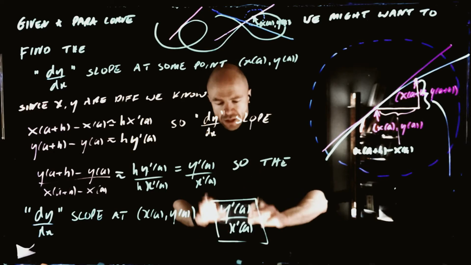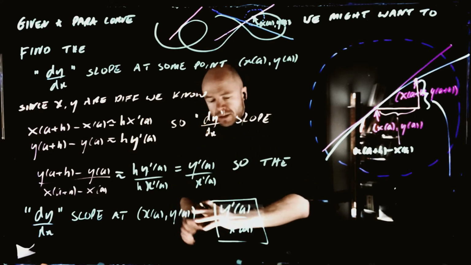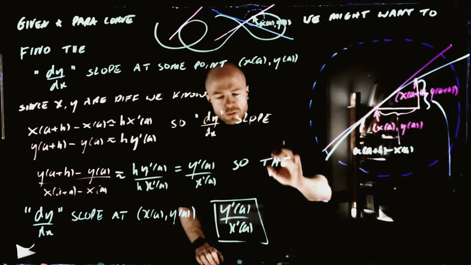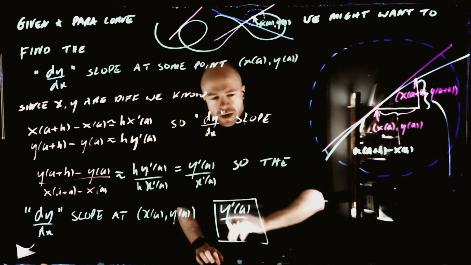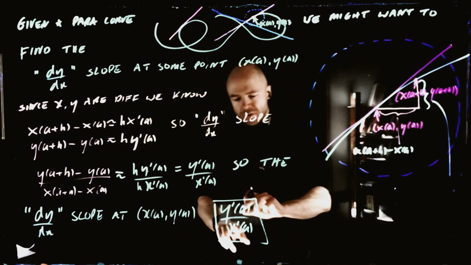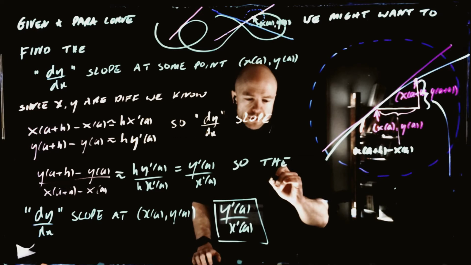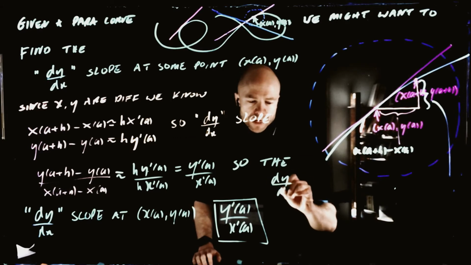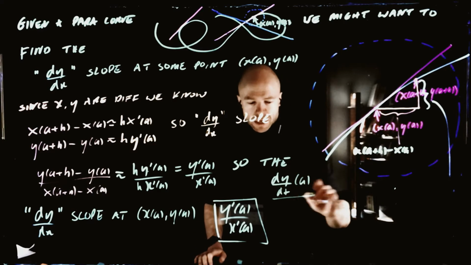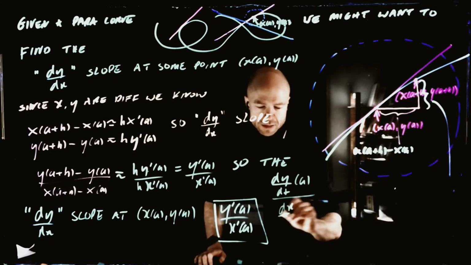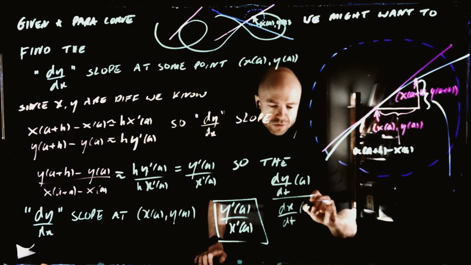But don't get too interested in this trick because it works most of the time, but it isn't the real reason. If you look at this expression here, what is this? This is dy by dt of a over dx by dt of a.